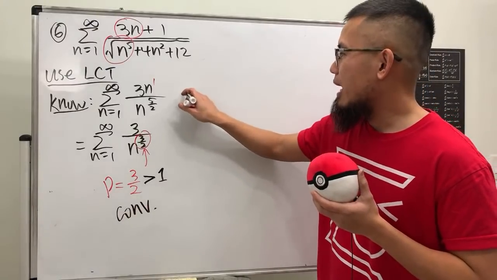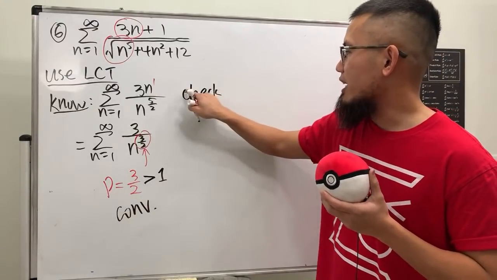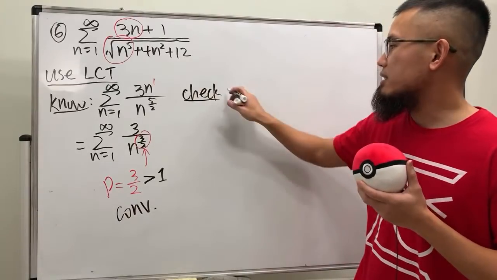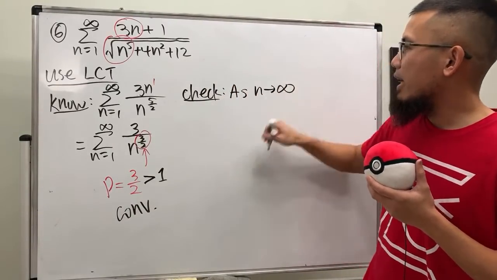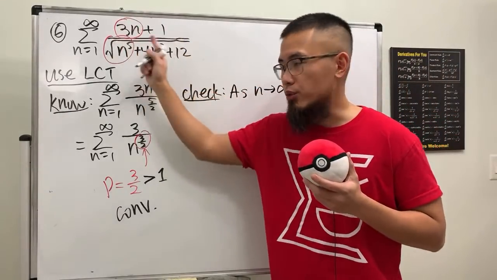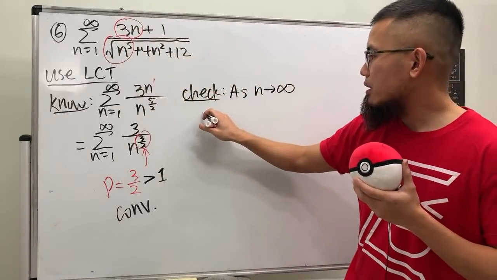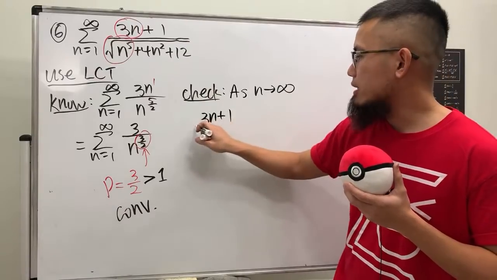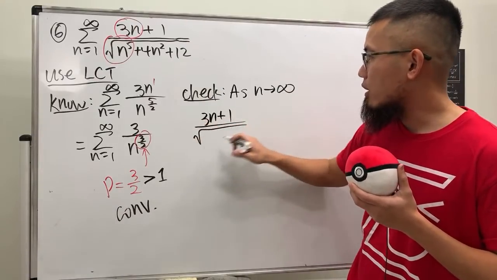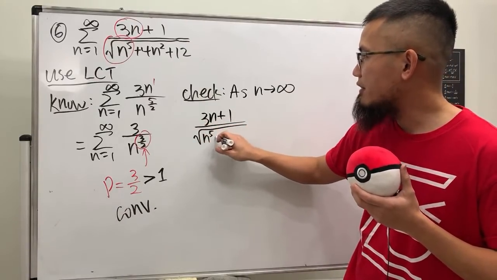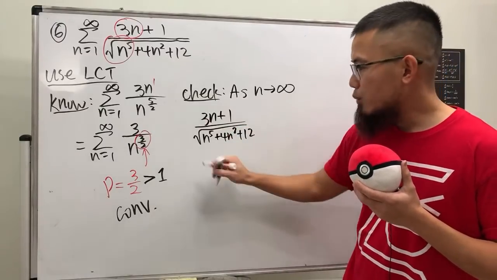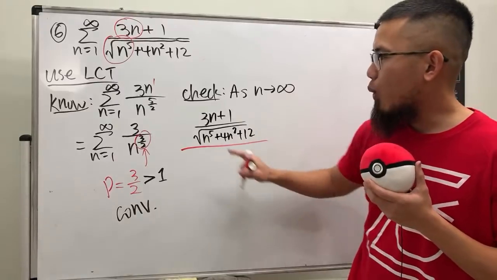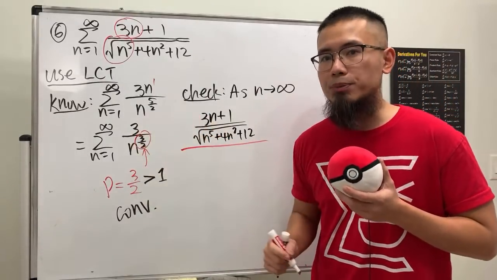All right, now we are going to do the check. The check is we are going to take the limit as n goes to infinity. And I'm going to put down the one that we are trying to do on the top, namely 3n plus 1 over square root of n to the 5 plus 4n squared plus 12. And then we are going to divide it by the one that we know much better.